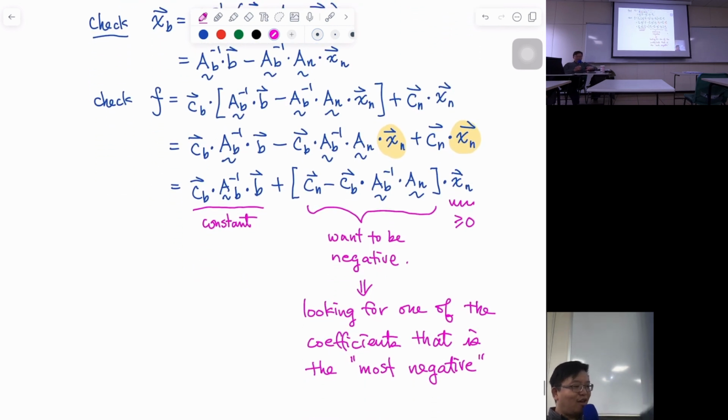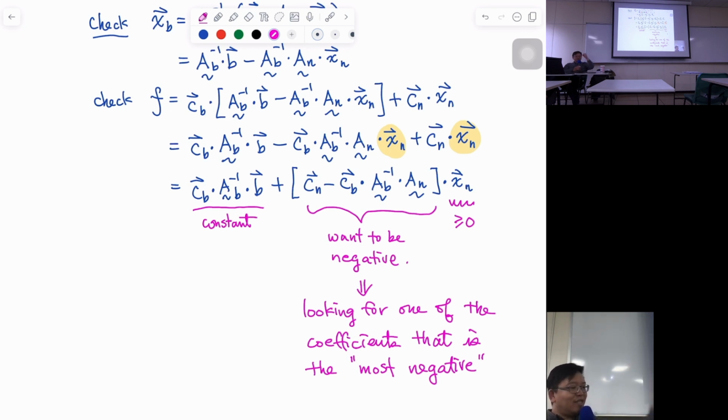At the beginning, all the xN are just 0. So no matter what coefficient it has in the front, it doesn't matter because all the xN are 0. But we're going to pick one of them inside xN. We're going to pick one. And the one we pick is going to have a coefficient in the front, and the coefficient has to be the most negative one.